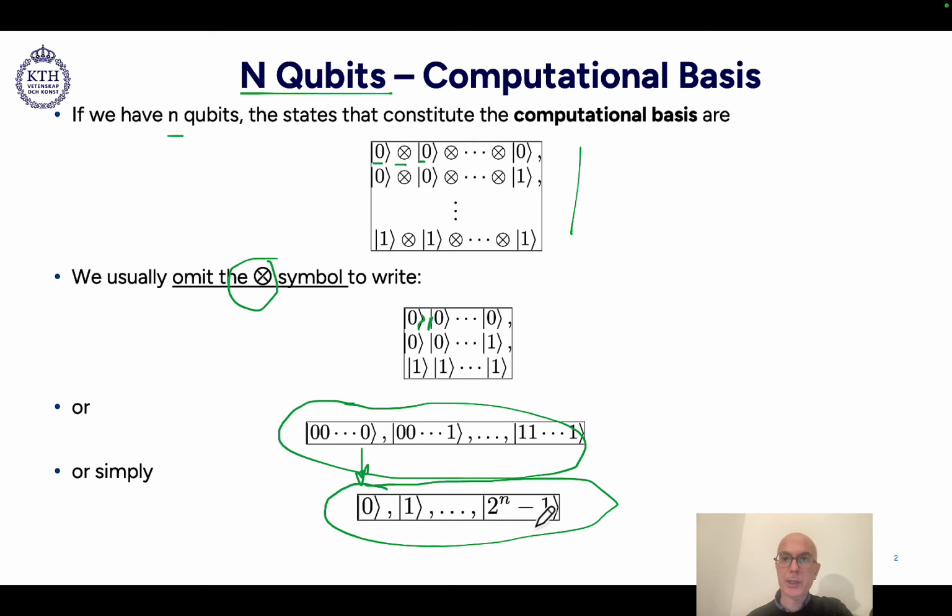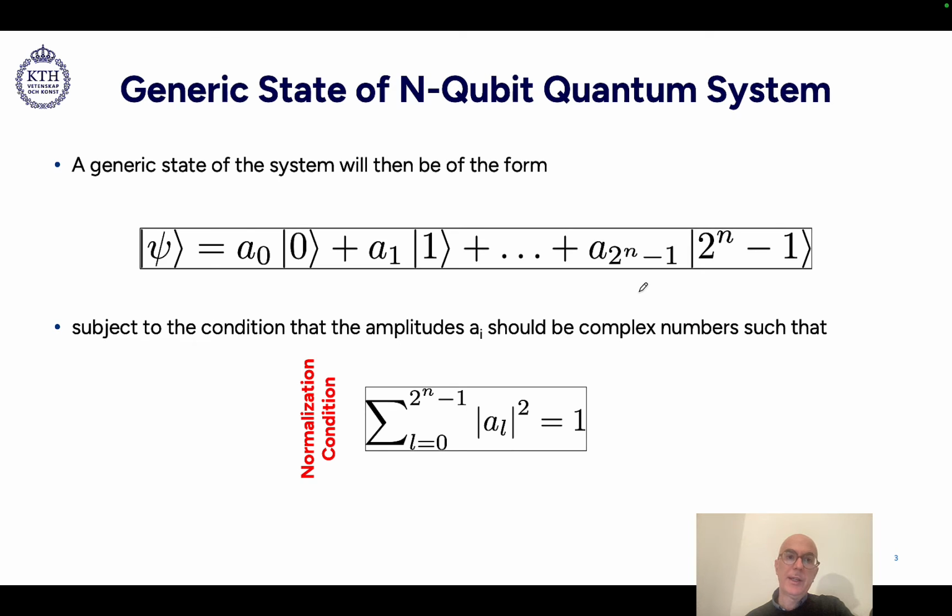So for instance, if we have a 3-qubit system, we're going to have state 0, state 1, up to state 7. So 0, 1, and then 2 to the 3, that is 8, minus 1 is 7. A generic state of the system that we call psi will be formed by amplitudes multiplied by the computational basis vectors.